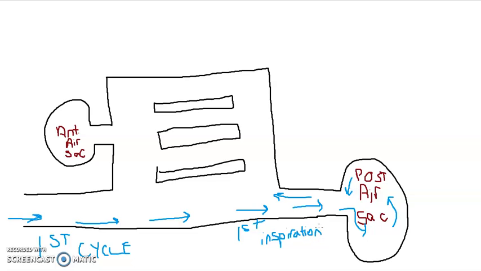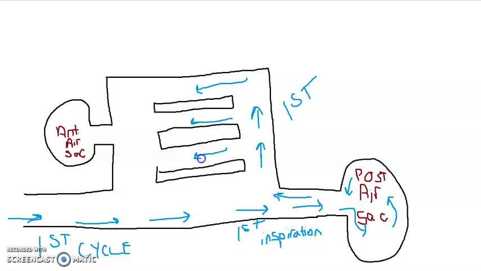All right, and then I have my first expiration over here. This first expiration is what gets your air into the lungs. And it pushes the air into the lungs, not quite into your anterior air sac yet.